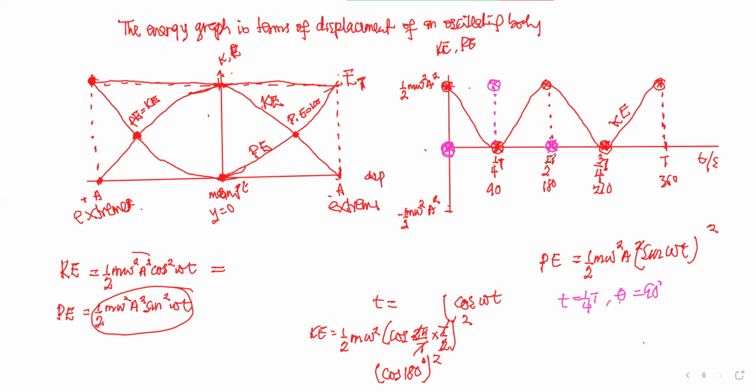The maximum potential energy. The pattern is clear. And when t is equal to the period, or theta is 360, what is the potential energy? 0. That will drop to 0. So let's join our points.